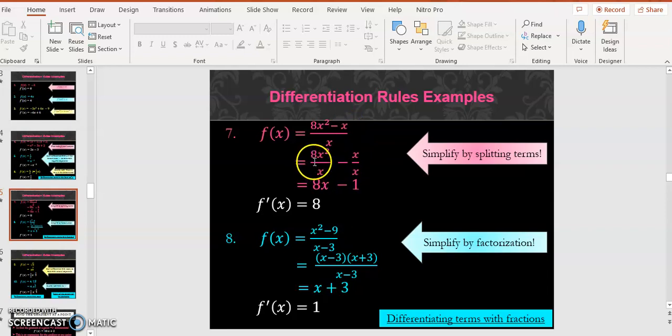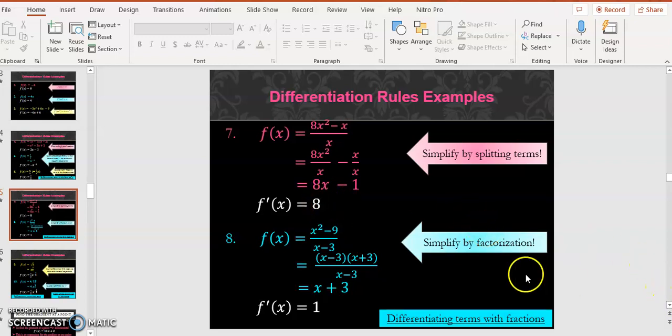So 8x squared over x will give us 8x, minus x over x will give us 1. Now if I differentiate this one, it's going to give me 8. Remember the rule. 1 times 8 is what? 8. 1 minus 1 is what? 0. So x exponent 0 is what? 1. So it's the same as 8 times 1, which will give you 8.